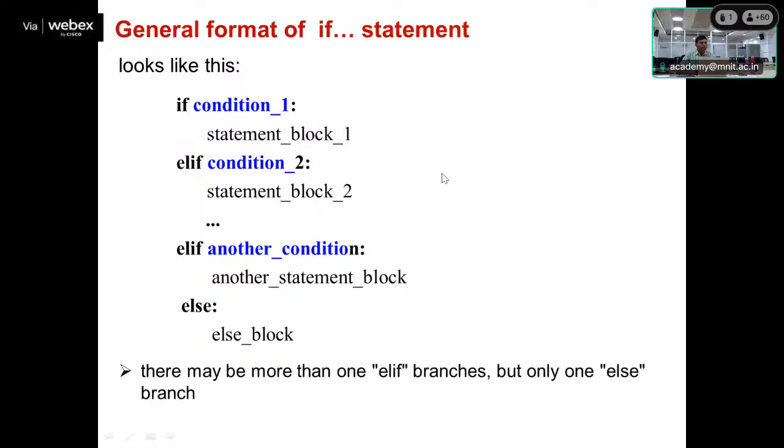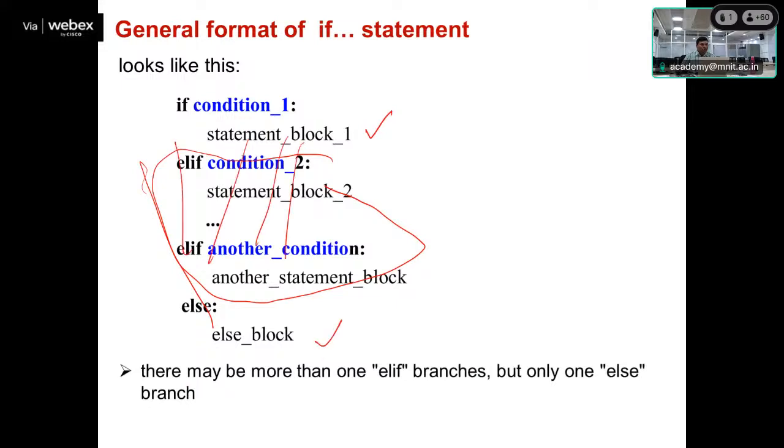Okay. So this is the general format of the if statement. If condition 1, remember, if we have only one condition, we do not require these three. If we have two options, statement 1 and statement 2, then we require only if else.